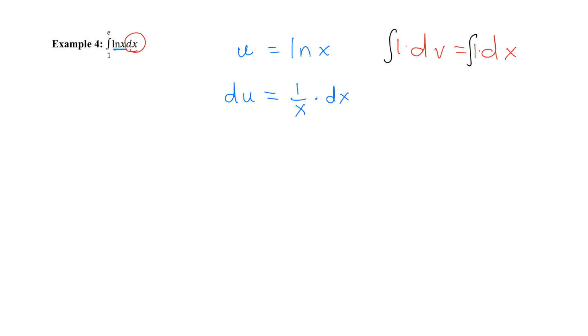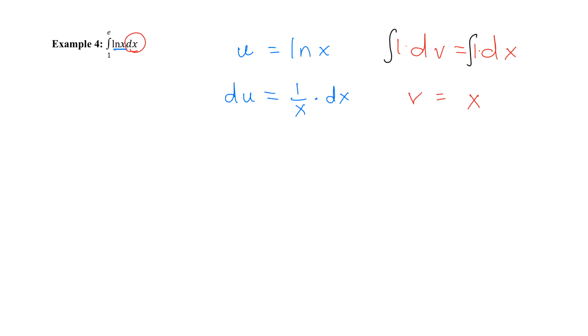When I integrate dv, I end up with just v. And when I integrate 1 times dx, I'm integrating with respect to x. So adding 1 to my power, dividing by my power, I get x to the first power divided by 1, or just x. So v equals x.